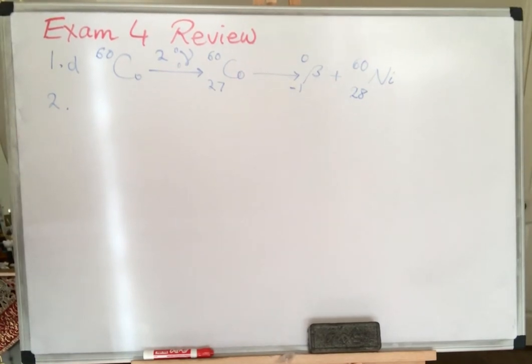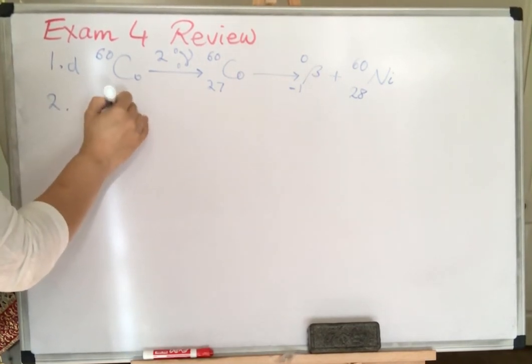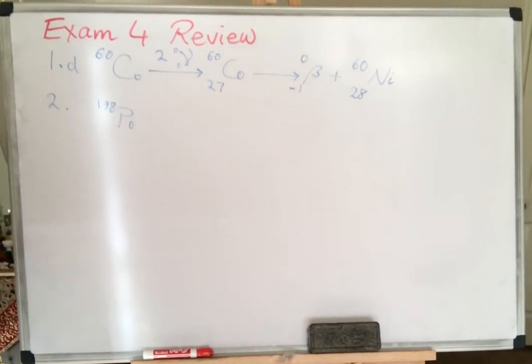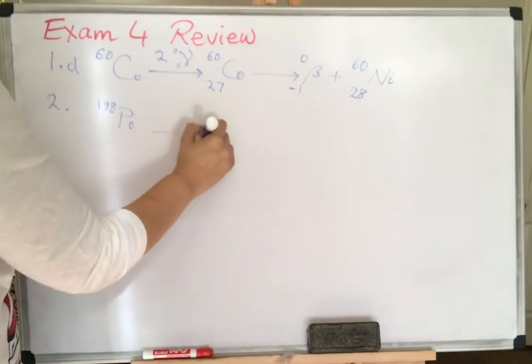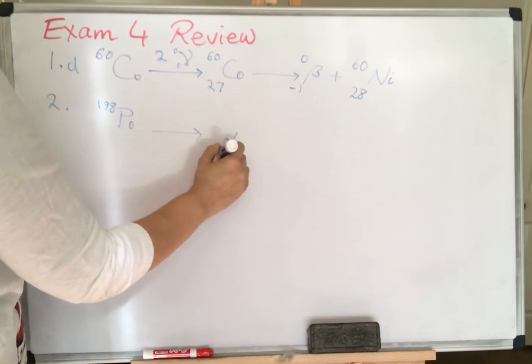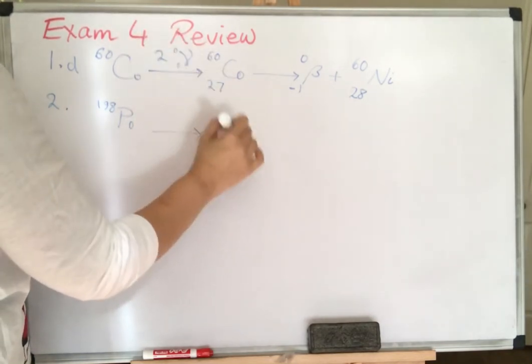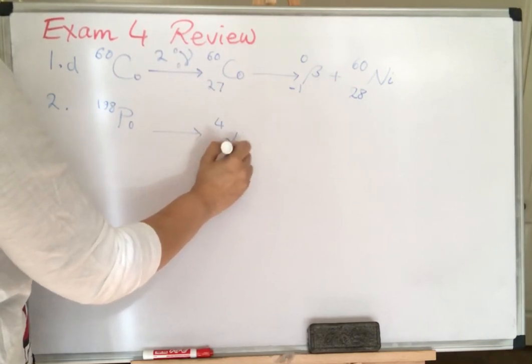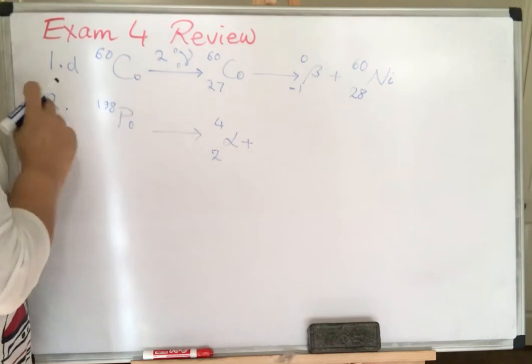Question number 2. When the radioactive nuclide polonium-198 undergoes alpha emission, it's 2 here and 4. Again, you need to memorize them for the test. They're not gonna be given. So you must balance them again.